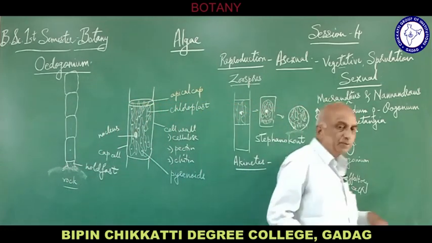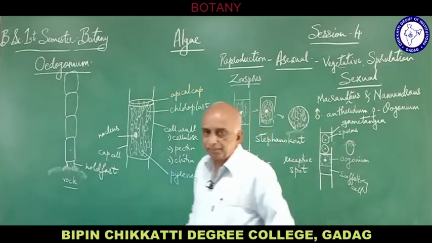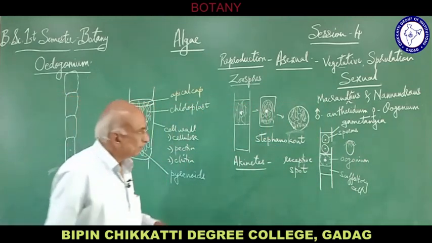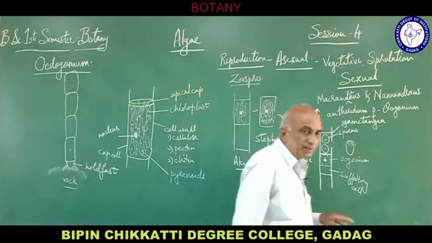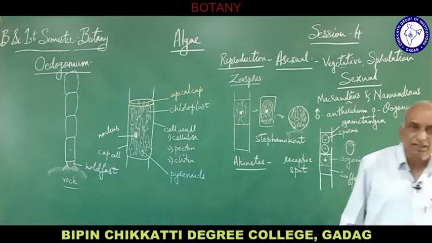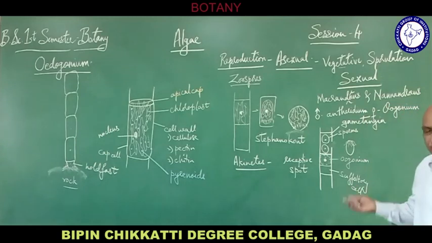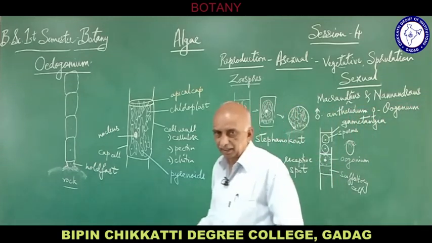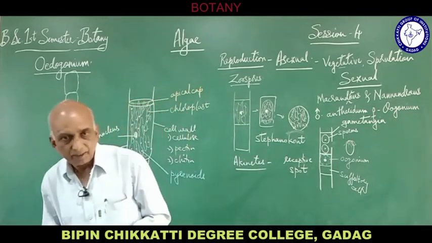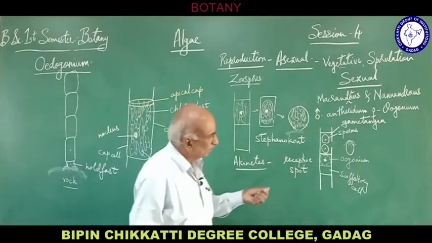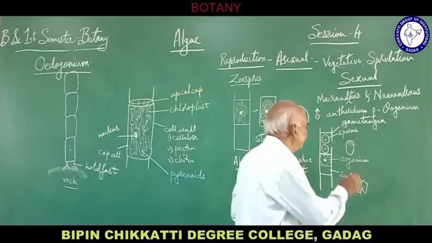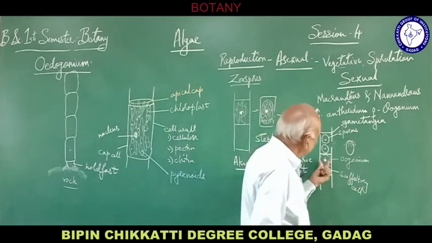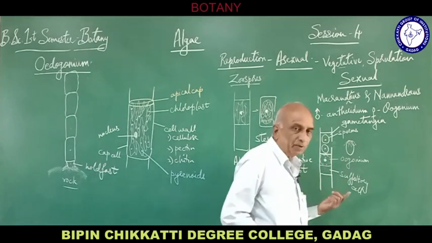The oogonium and the sperms are usually green in color, but zoospores are somewhat brownish red in color. As chlorophyll is present there, they usually appear green. They are motile, that is the zoospores and the male gametes or sperms. When the oogonium is formed, it means it is having a receptive spot.